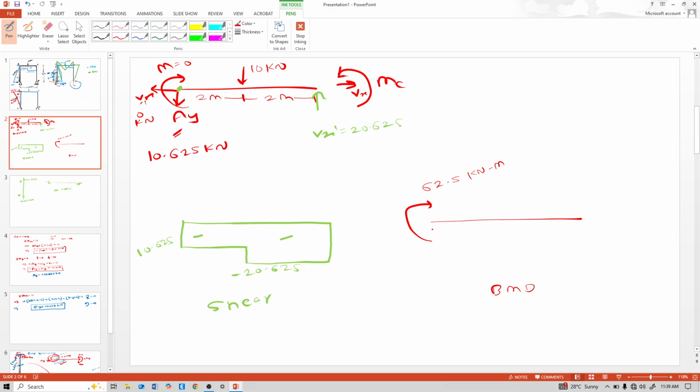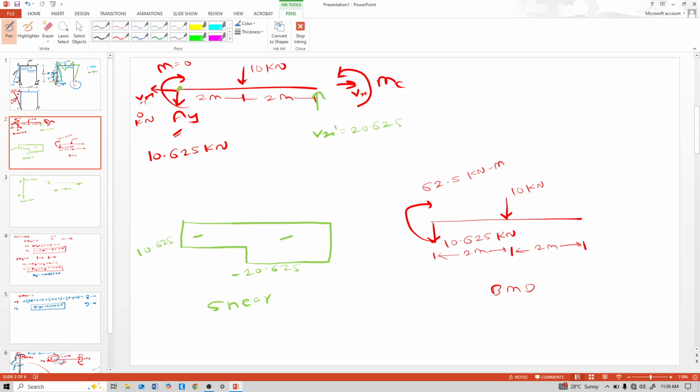AY reaction is downward 10.625 kilonewton, and here a 10 kilonewton load at a distance of 2 meter. Now calculate moment here.